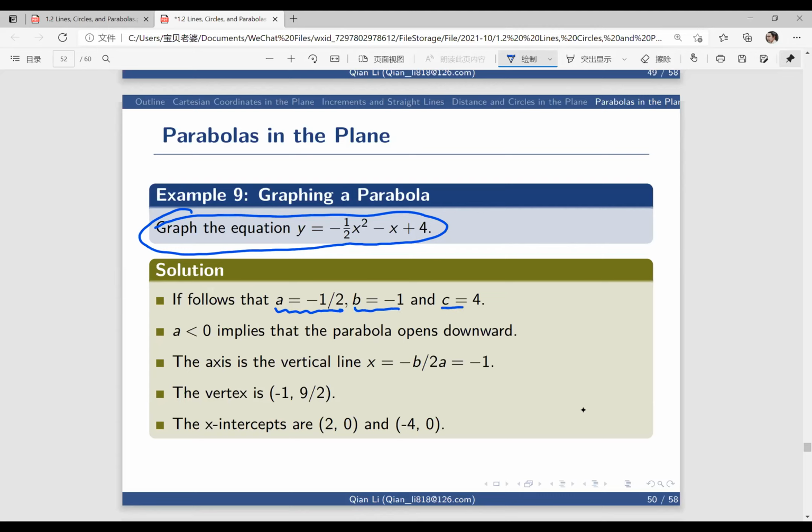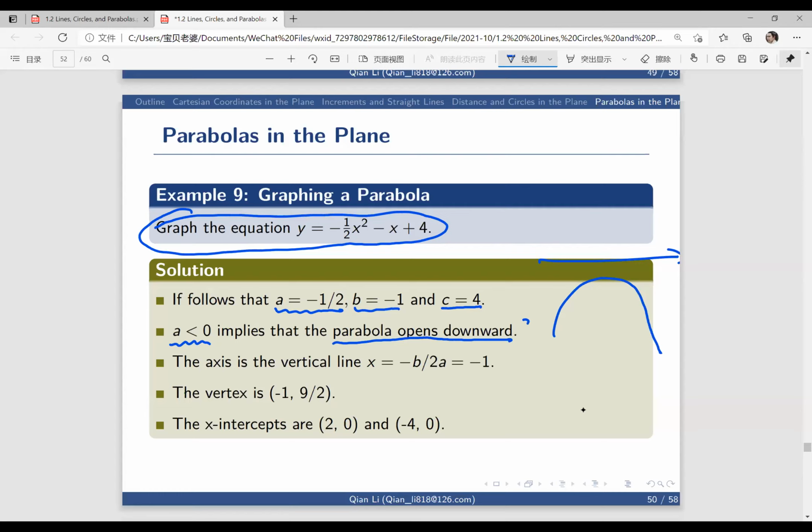And c is equal to 4, right? So a is smaller than 0, and we can get this parabola opens downward, right? Yes, it will open downward.